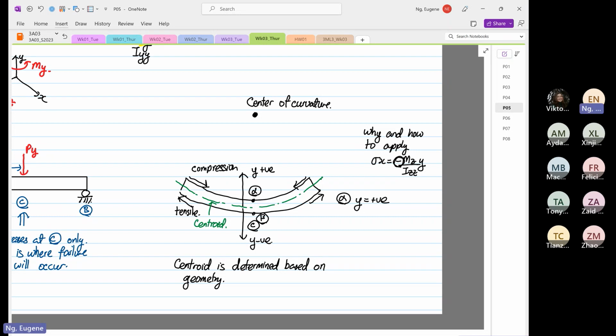So when y is positive, when you apply the formula, stress X is equal to minus Mz multiplied by positive y divided by Izz. This is equal to minus Mz multiplied by y over Izz. And it's correct because at point alpha, it's going to go through what? Compression.